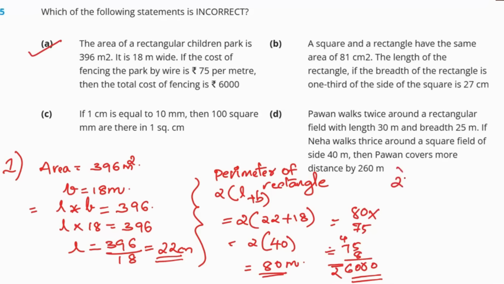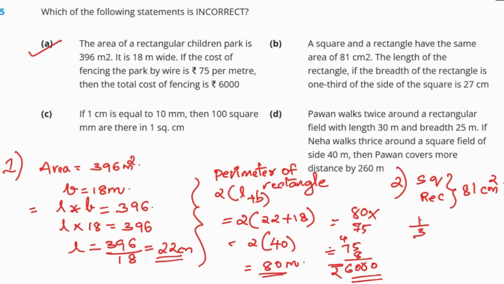In the second statement, they are saying a square and rectangle have the same area, which is 81 centimeter square.